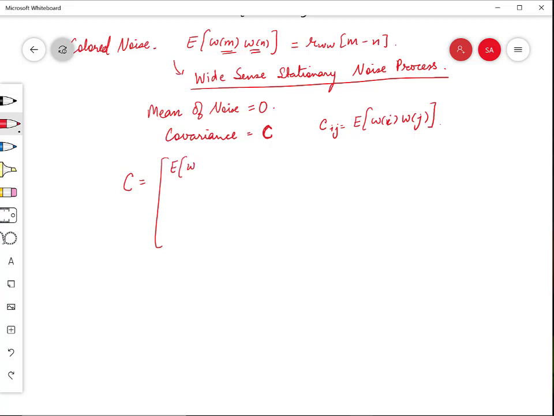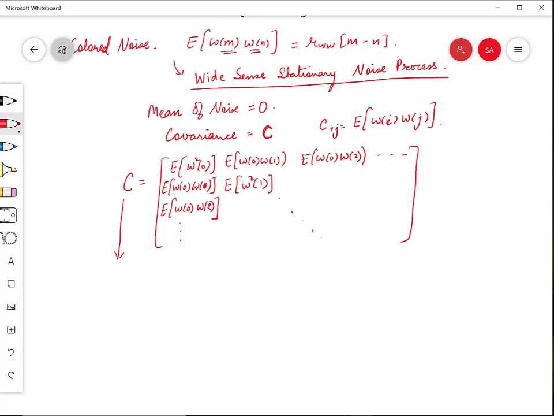This is expectation of W0 squared, this is expectation of W1 squared, and so on. The off-diagonal elements are expectation of W0 W1, expectation of W0 W2, and so on.